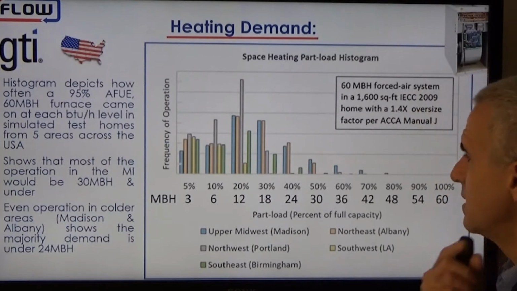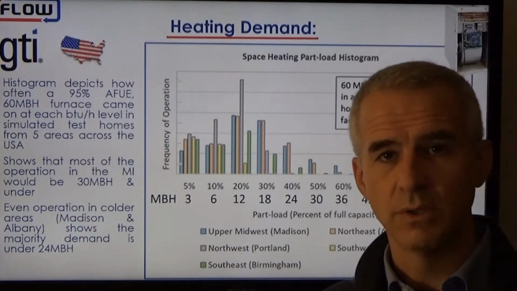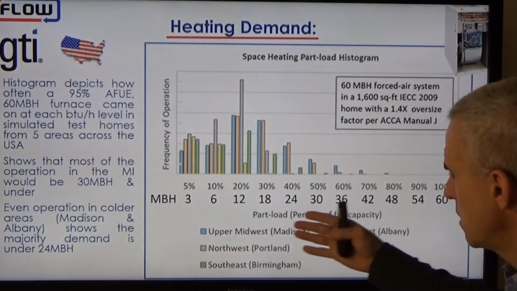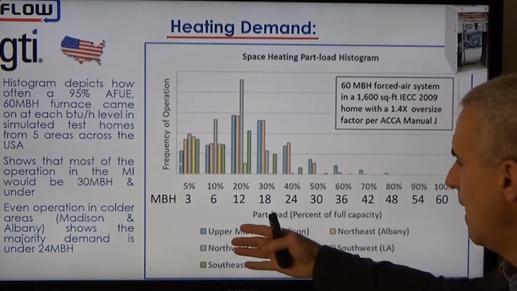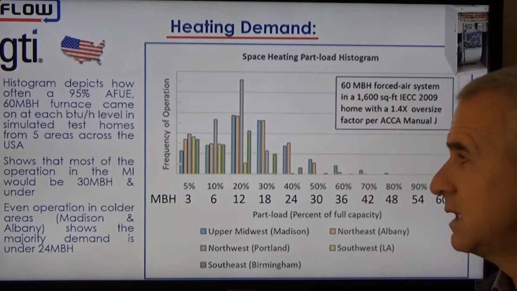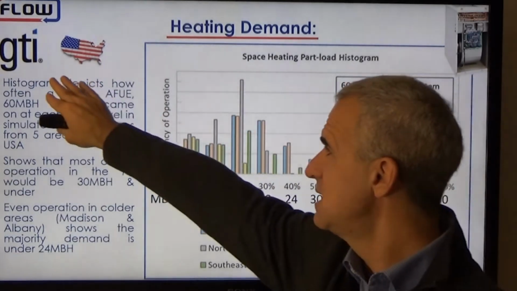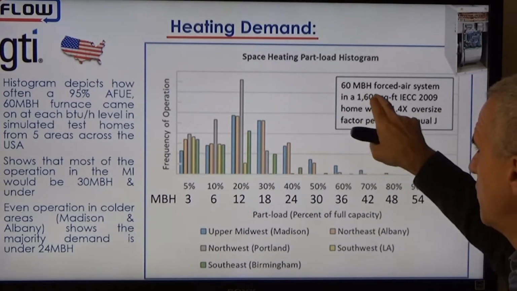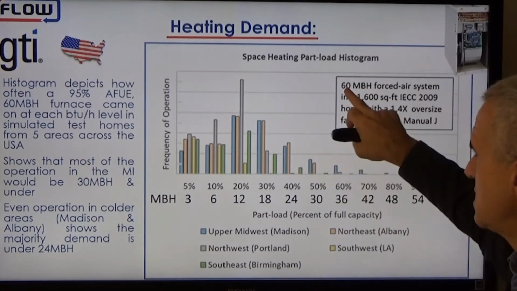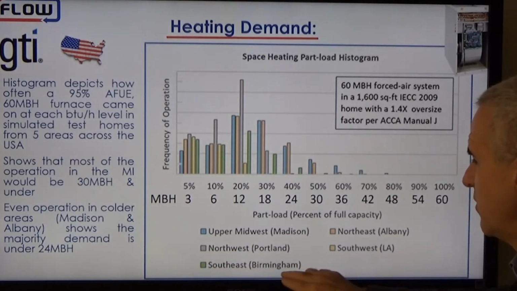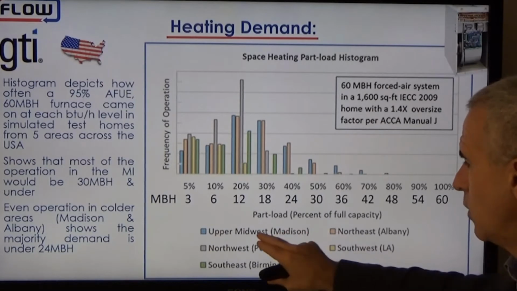Now let's look at the States. Similar situation. Here we have 5 different locations, and we've modeled 1,600 square foot homes in these. And again, when I say we, GTI has modeled the performance. So we have 1,600 square foot homes using a 60,000 BTU furnace in these different areas. 2 are in quite cold areas, right?